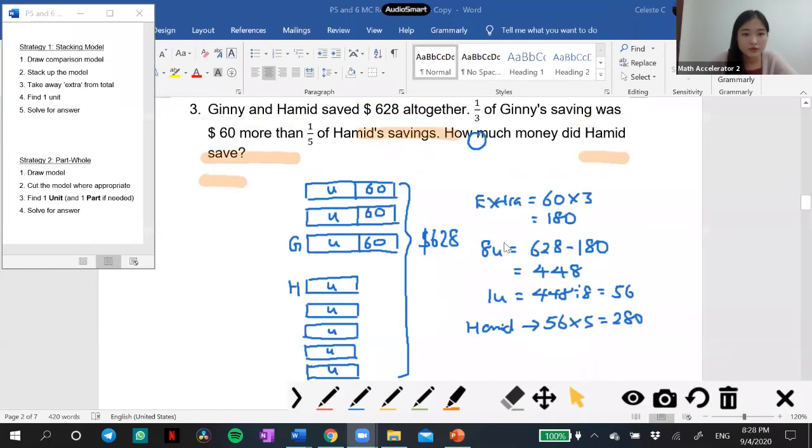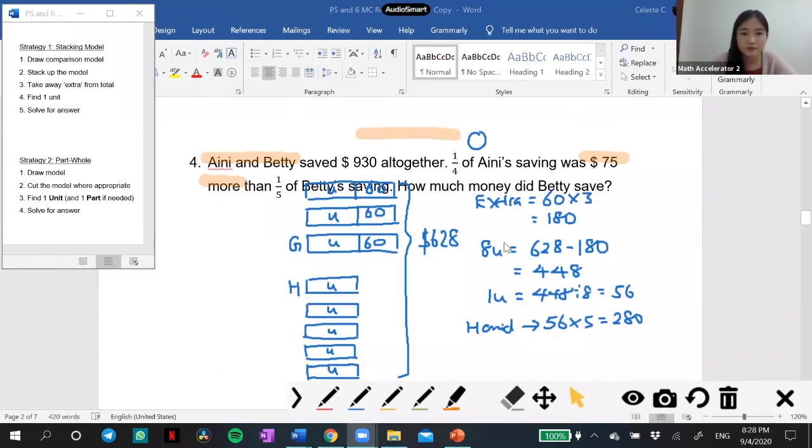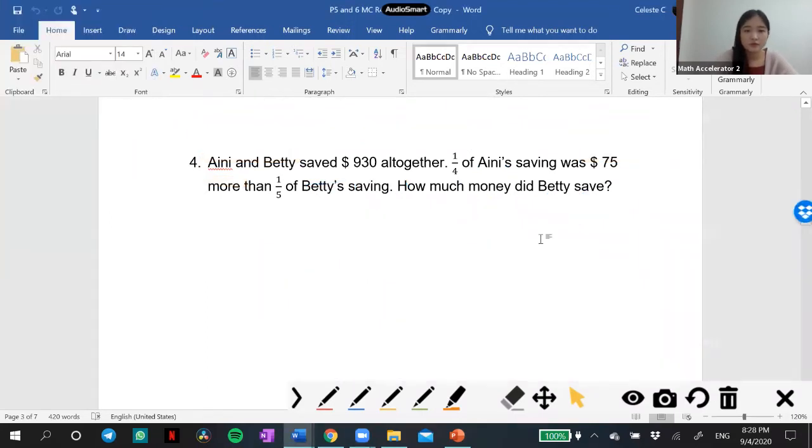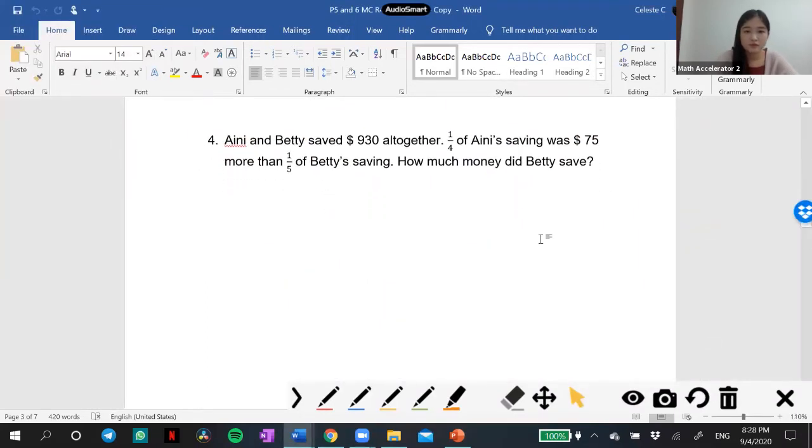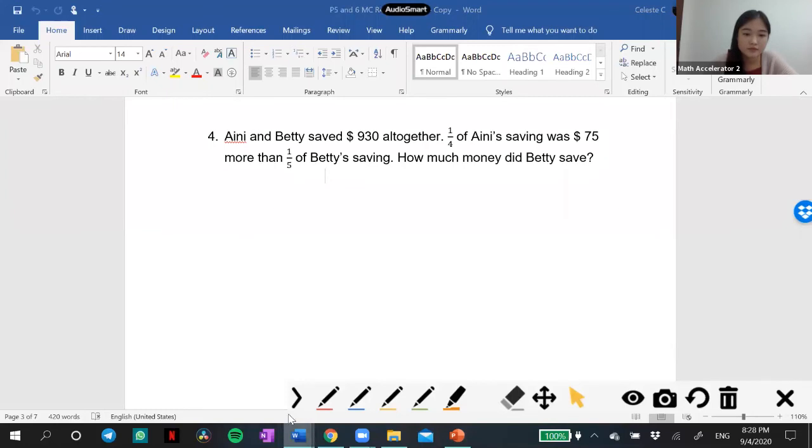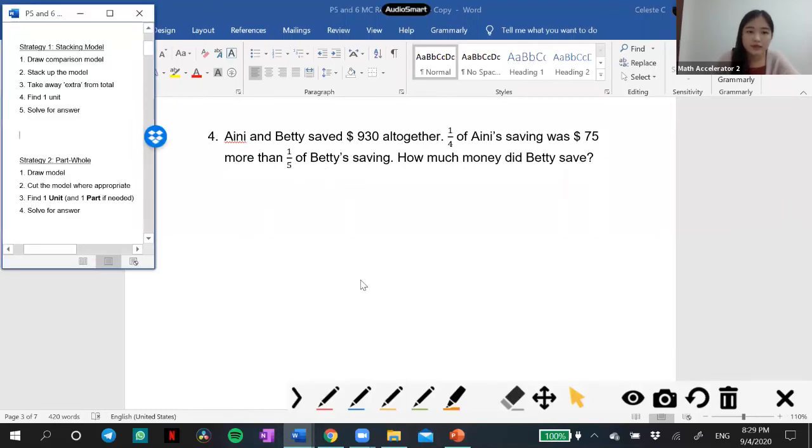Right, let's proceed on to question 4. Right, Aini and Betty saved $930 altogether. 1/4 of Aini's savings was $75 more than 1/5 of Betty's savings.